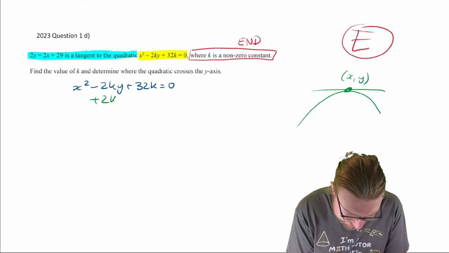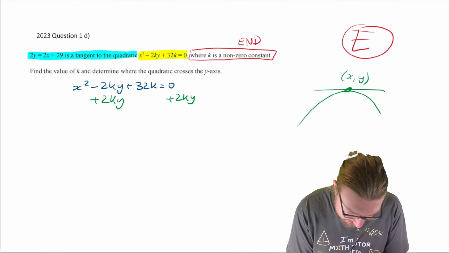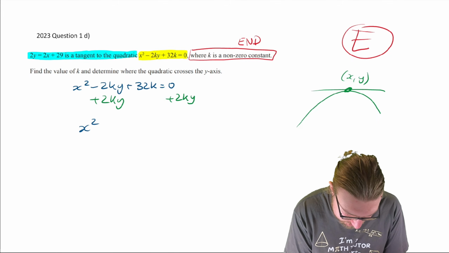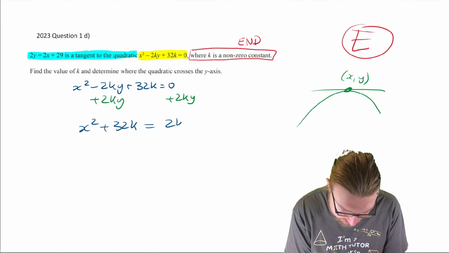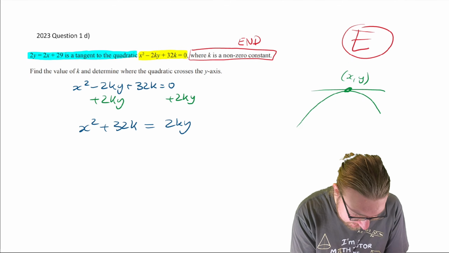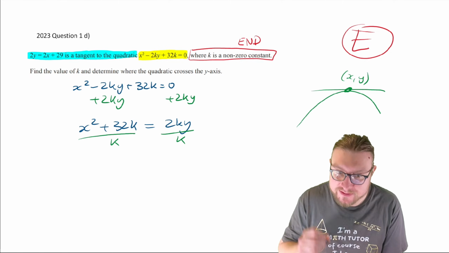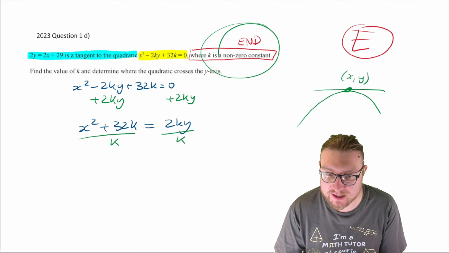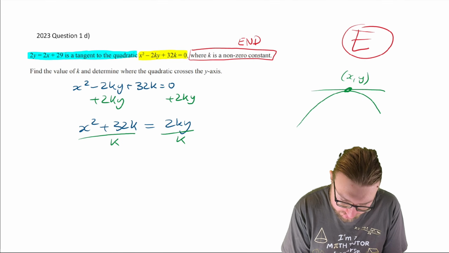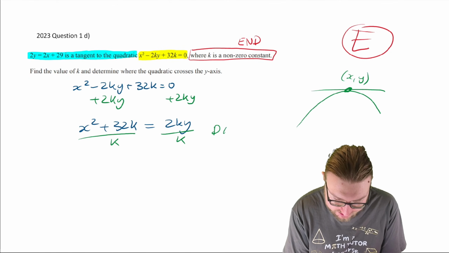We're going to do plus 2ky on both sides, and then we get x squared plus 32k is equal to 2ky. Now we're going to divide both sides by k. This is the part where it usually comes in very important, because dividing by a k or an x or something is usually very dangerous.